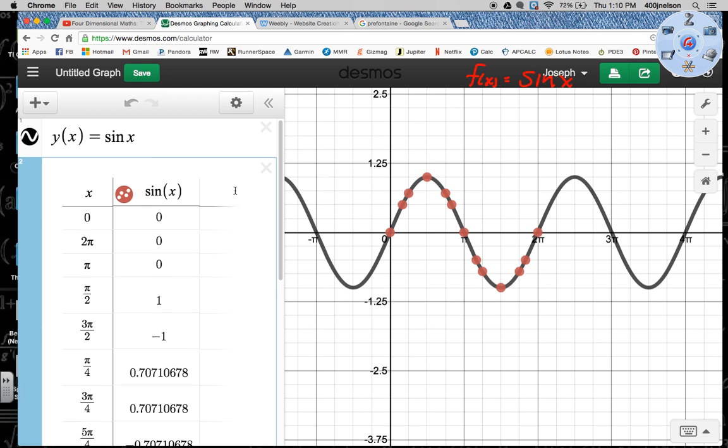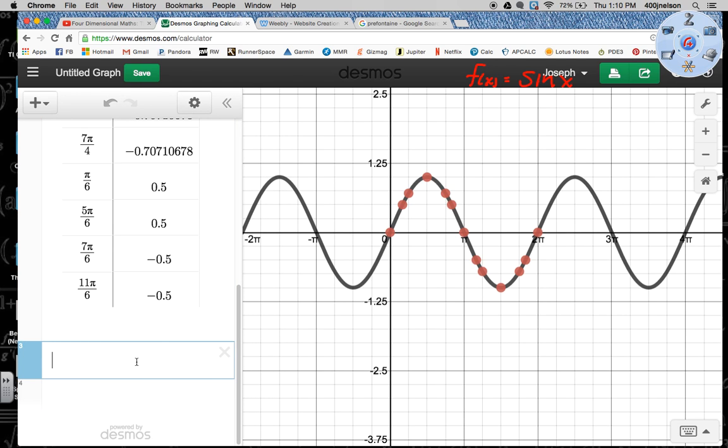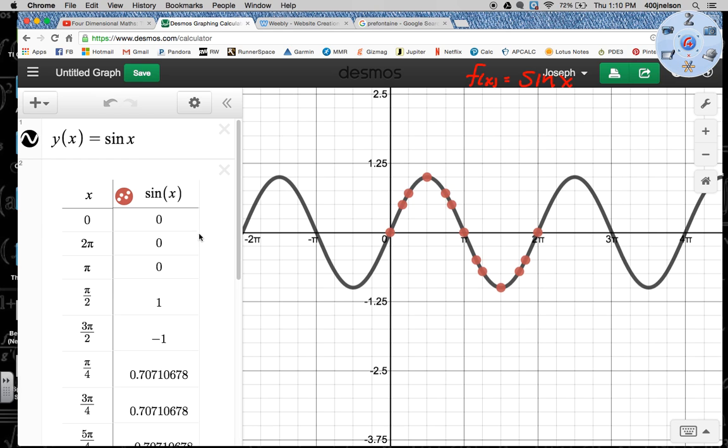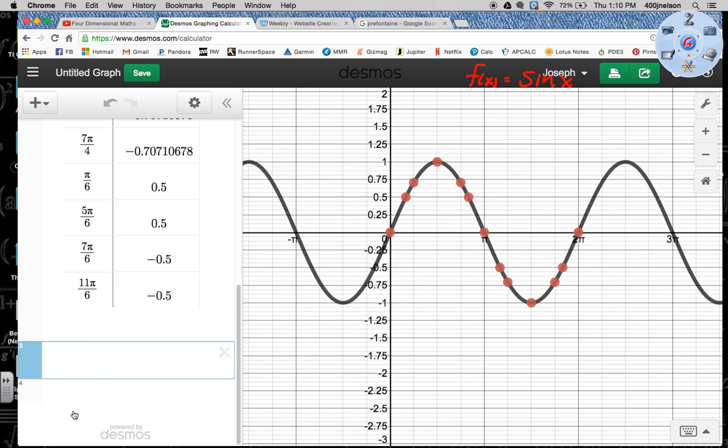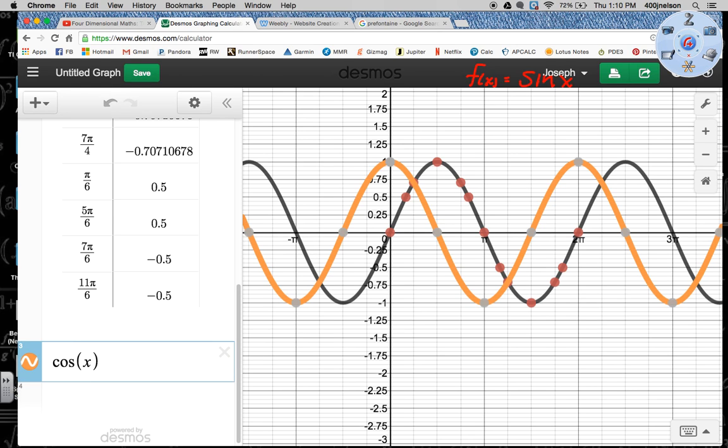So what I want to show you also is the cosine of x. Now, we could go through the same process by doing cosine of x, but let's just do it by graphing cosine down here. Let's go cosine of x, and we'll change that color as well. We'll go to blue, for no reason.